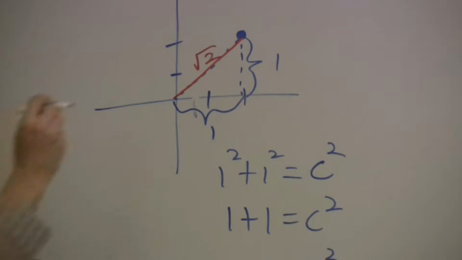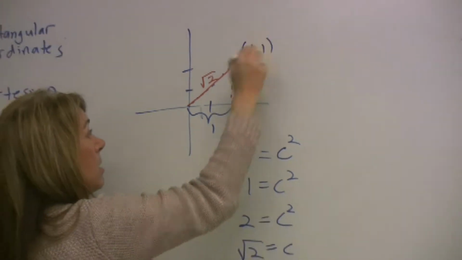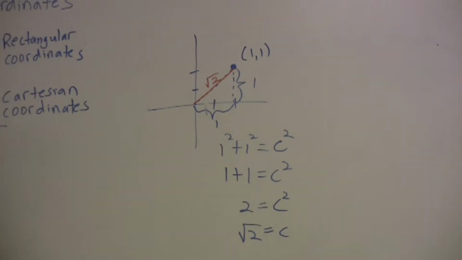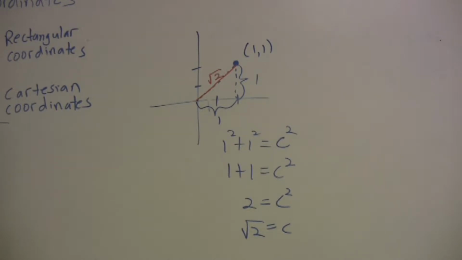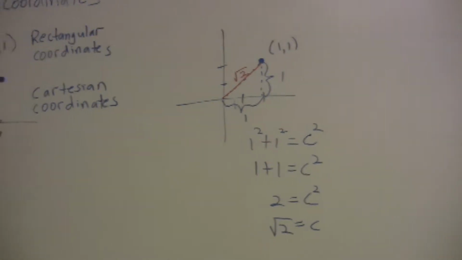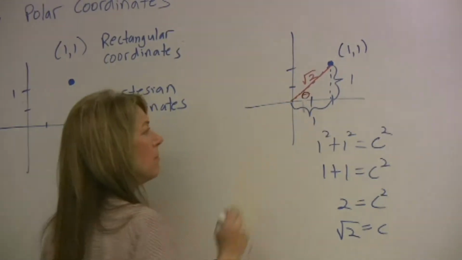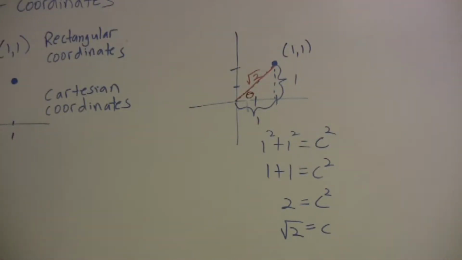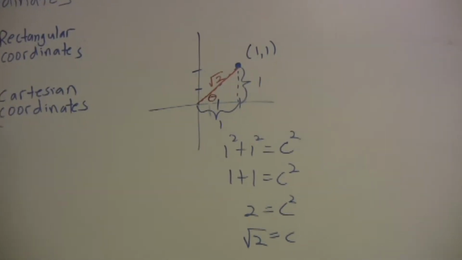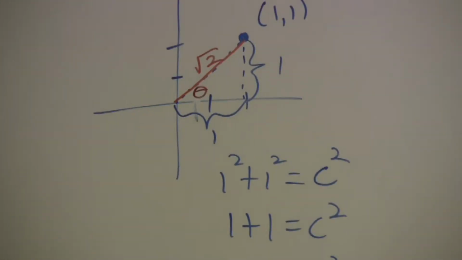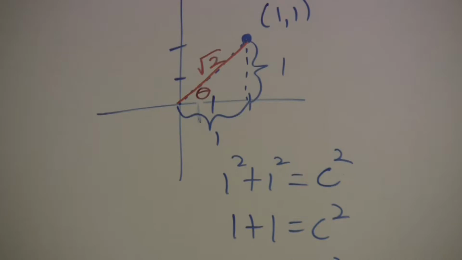So it's the same point. It's the same point 1, 1, but I'm interested in how far is it from the origin. My next question for you then is, what's this angle right in here? Theta? 45 degrees. 45 degrees? Or if we're working in radians, because calculus is always in radians, pi over 4.